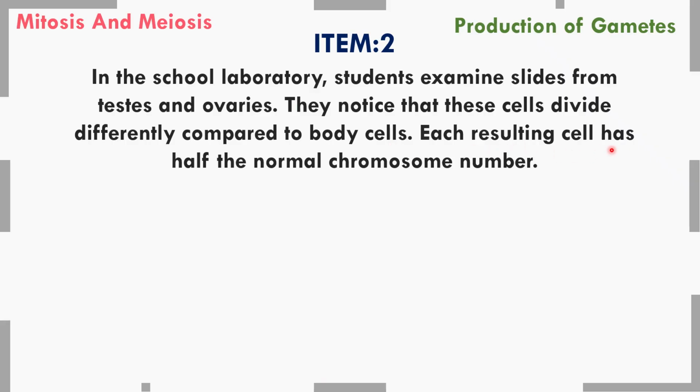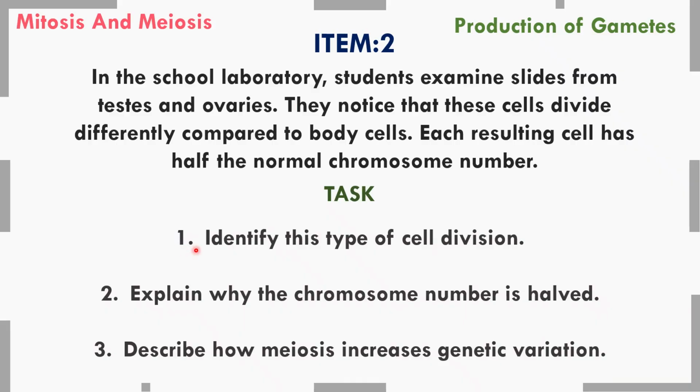Each resulting cell has half the normal chromosome number. Task: identify this type of cell division. Explain why the chromosome number is halved. Describe how meiosis increases genetic variation.